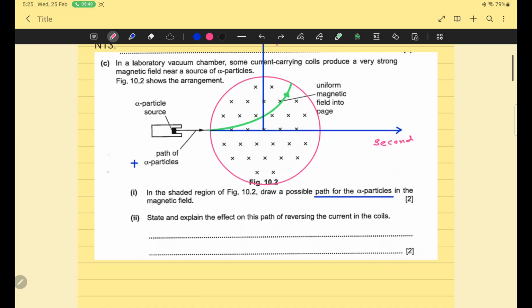So I am writing one by one. When you reverse the direction of current, the magnetic field will be out of the page.